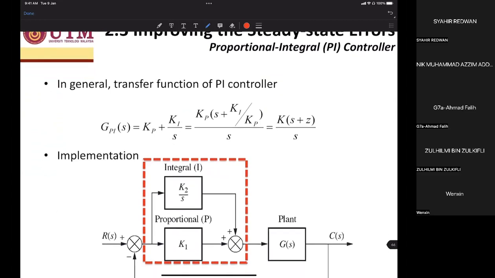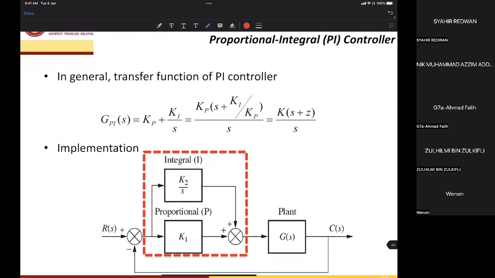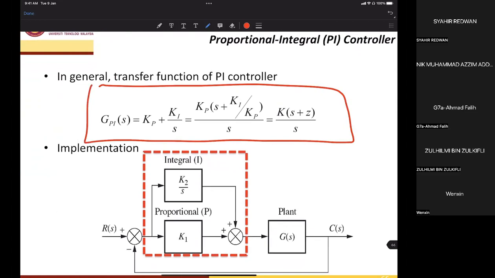So in general, you can say that the transfer function of the PI controller is this one, GPI equals KP plus KI over S. So we multiply, and we get K times S plus Z over S, where the zero value Z is KI over KP.